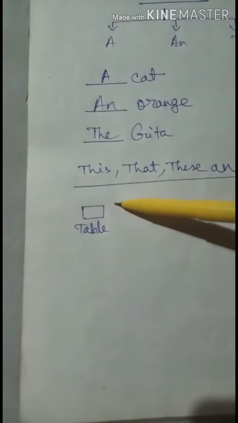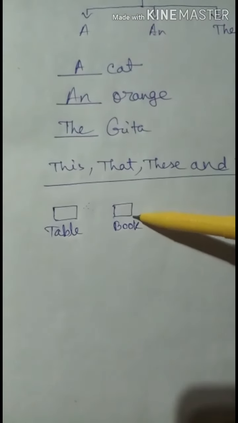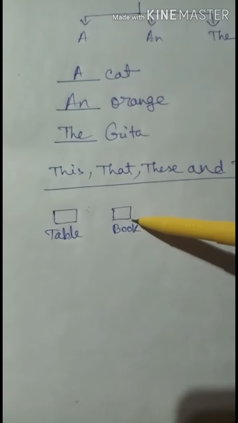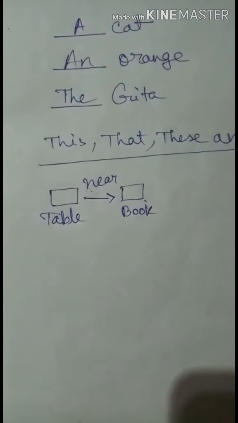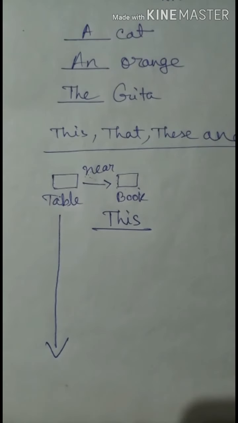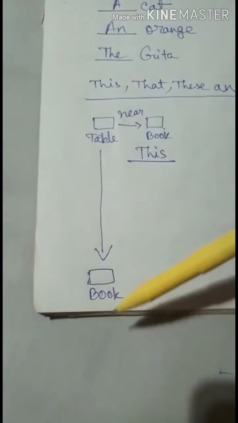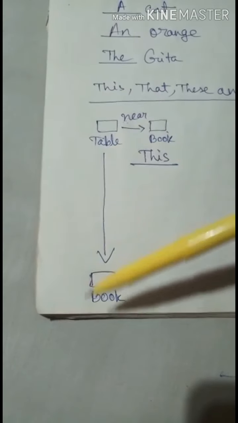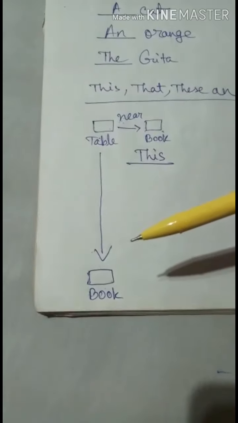Imagine this is a table and this is a book. When this book is near to this table, we place this. But when the book is far from the table, we place that.